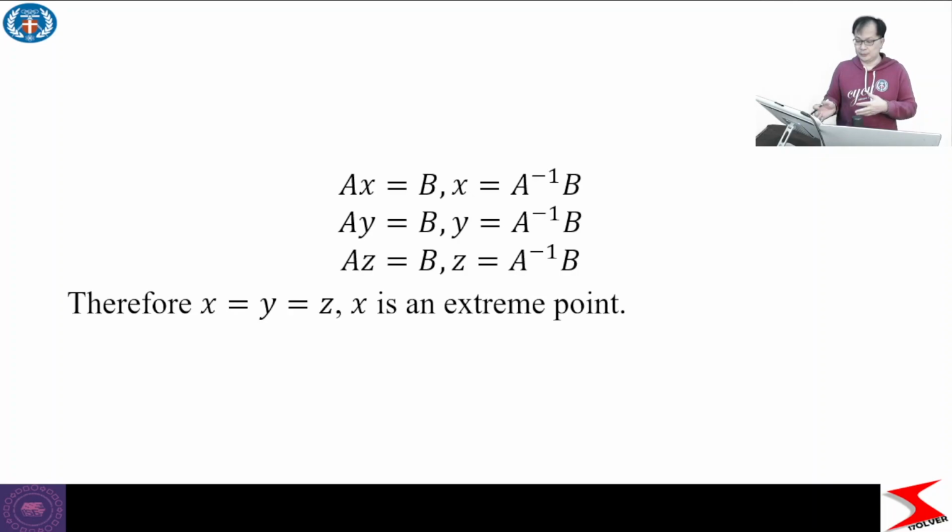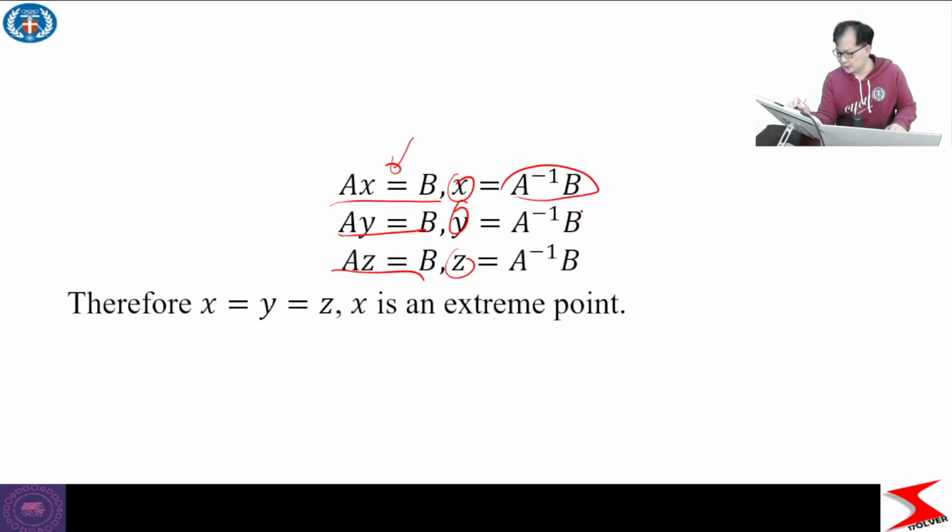So you put all of the relationships here, and you get all of the x, y, z equal to A inverse b, right? So you will know all of the x and y and z are extreme points because they are the same.